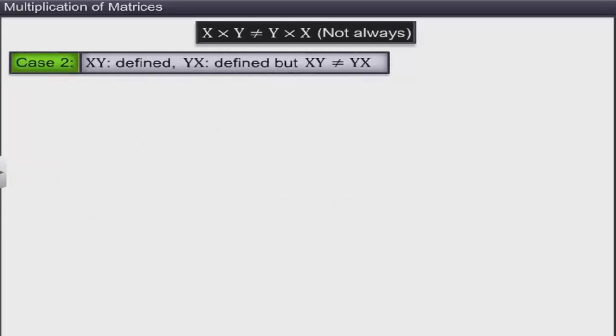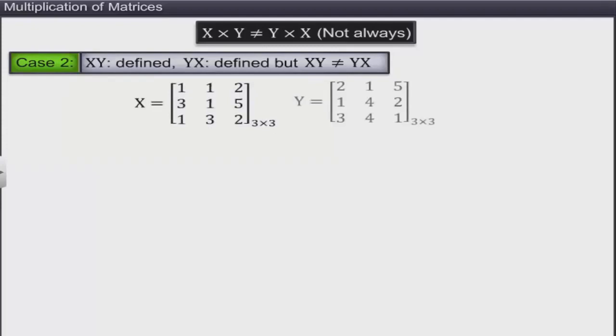Sometimes, product XY and YX are both defined, but XY does not necessarily equal YX. Let's verify the case with the matrices shown. X and Y are 3 by 3 matrices. X multiplied by Y is as shown.